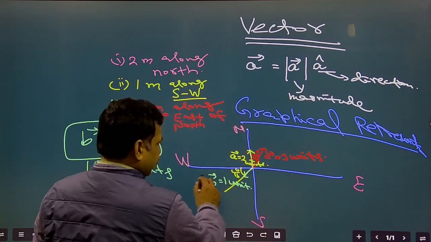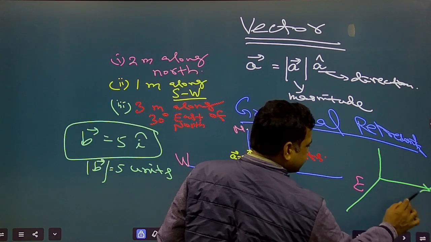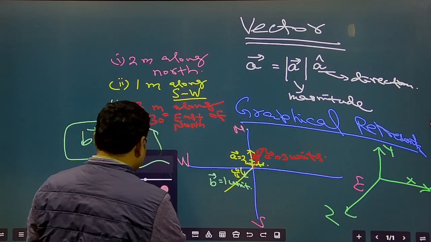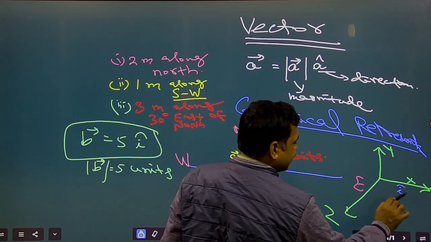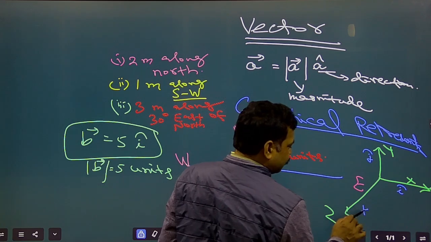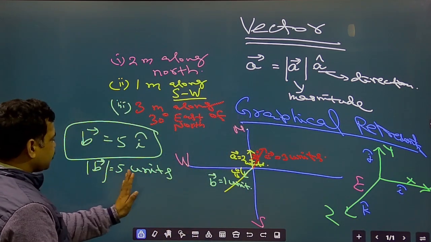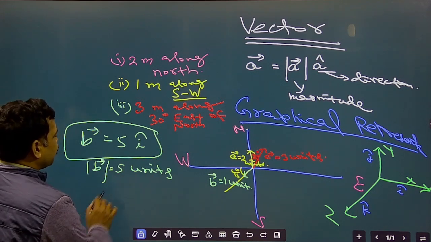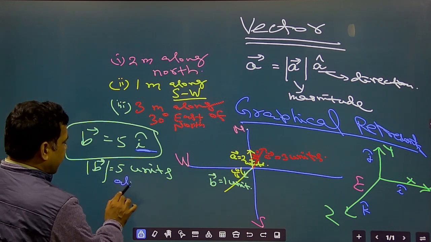Now you see here we have three types of representation along x-axis, y-axis and z-axis. The normal way of representation is along x-axis we write I cap, along y-axis we write j cap and along z we write k cap. Right? So suppose I write V is equal to 5 I cap. That means the magnitude of V is 5 units and the direction will be along positive x-axis.